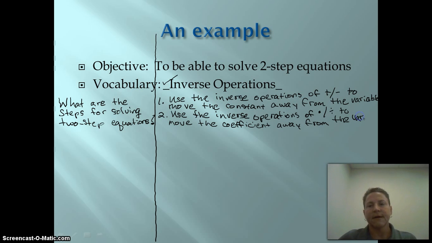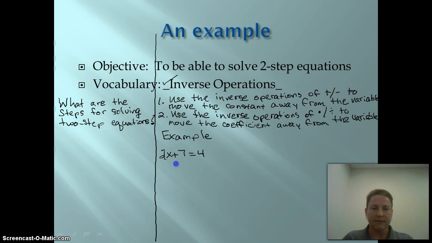This is kind of like what my lessons will be like. Then I would do a math example for you. An example might be something like 2x plus 7 equals 4. Here's the variable. The first step was to use the inverse operation of addition or subtraction to move the constant.